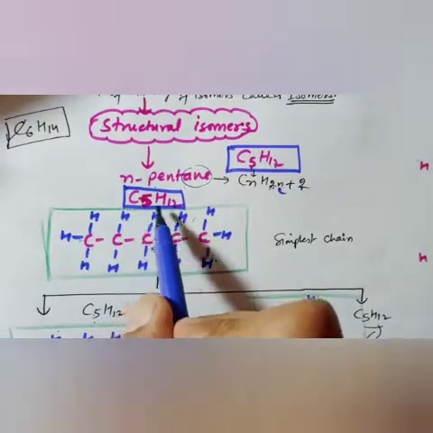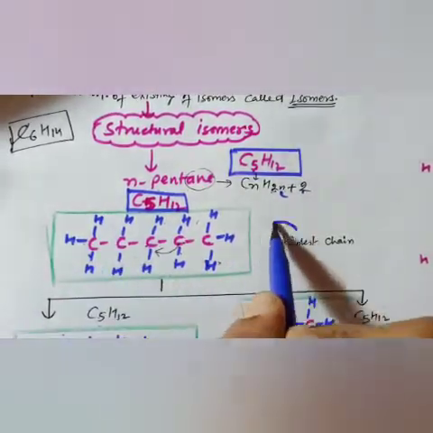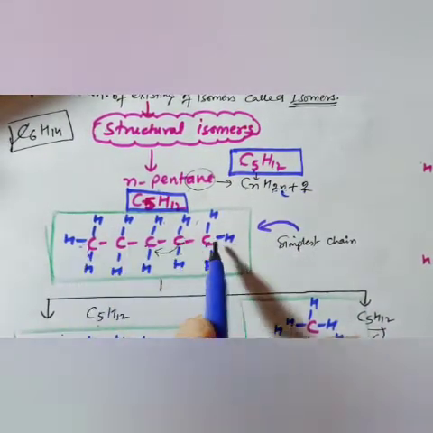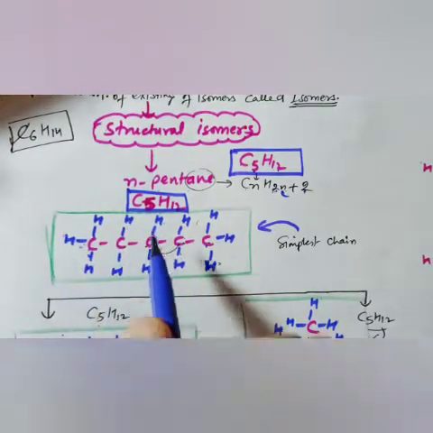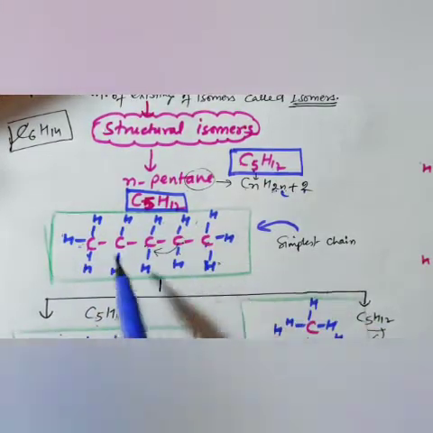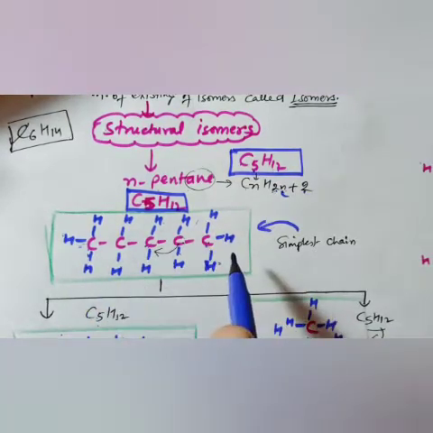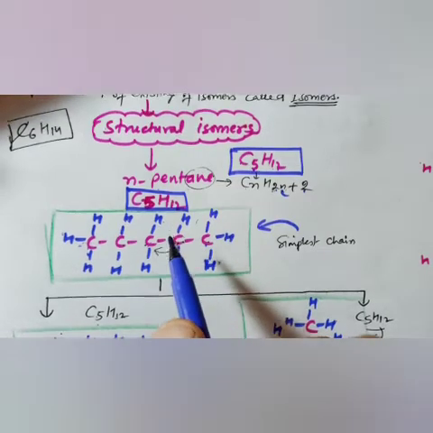This is the formula C5H12, and if we write it in the simplest chain way, it will be written as 1, 2, 3, 4, 5 carbons in a straight line, and then 12 hydrogens. So C5, 12 hydrogens. That is the simplest structure.